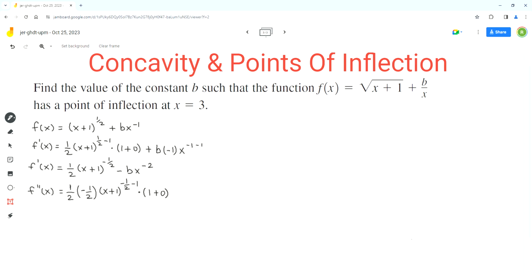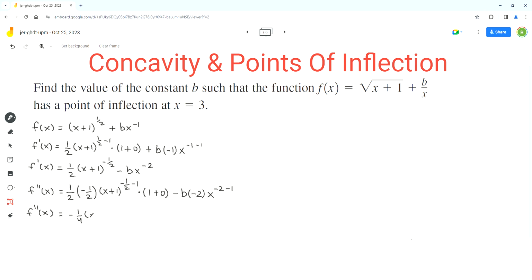Now we can move on to the second term. Negative b is the coefficient, so it will stay as it is. And for x exponent negative 2, we should use the power rule. So we can move the exponent negative 2 to the front and subtract 1 from the exponent. Now we can simplify this expression. In the first part, half times negative half is negative 1 over 4.